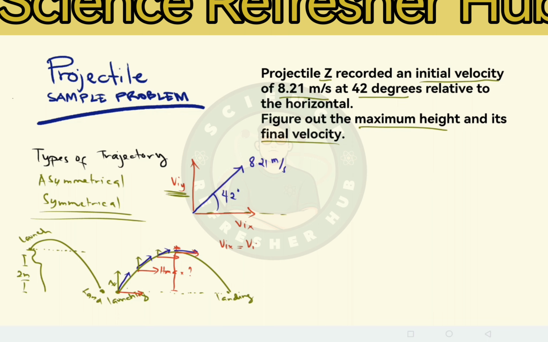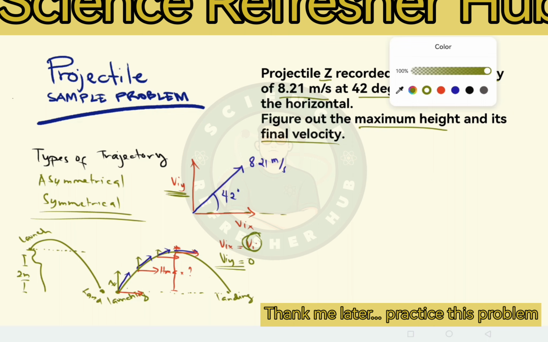Once it is at the max height, the VIY becomes zero. Only the VIY becomes zero because our VIX is constant, all the way through our trajectory.